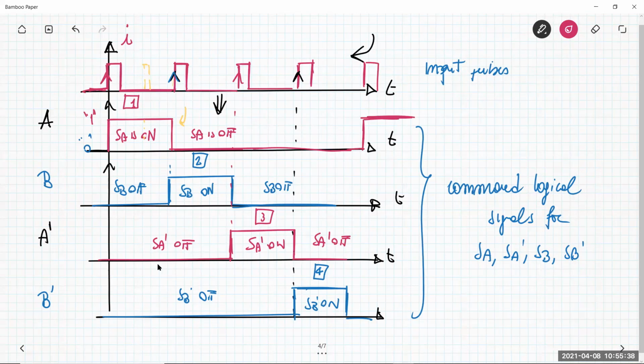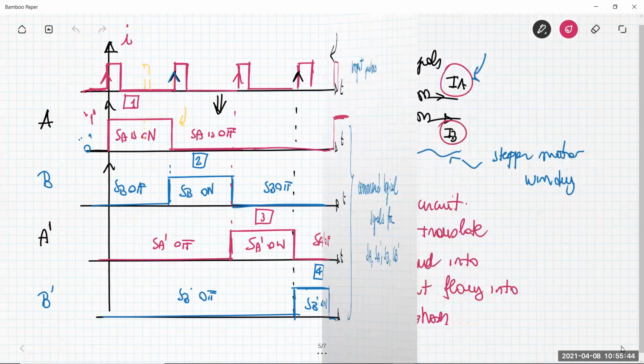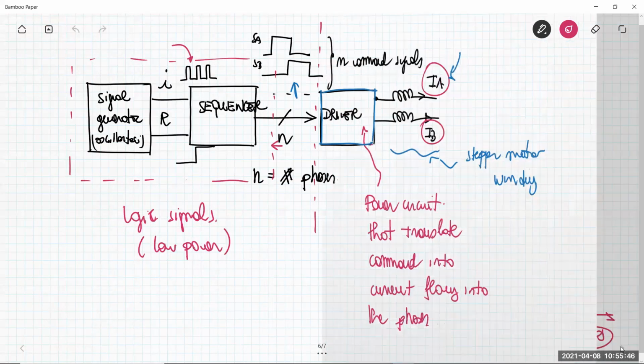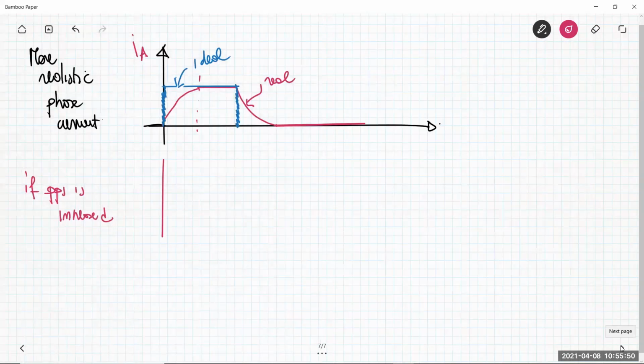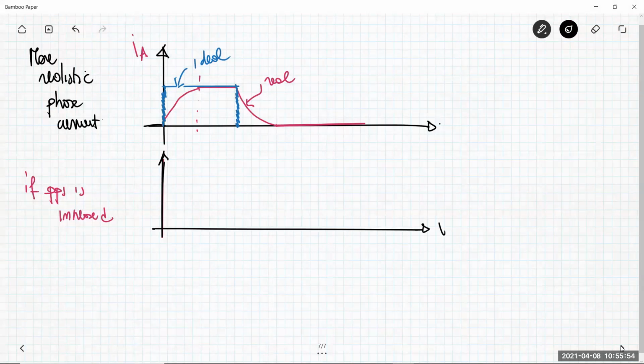But if you increase the frequency, it happens at a certain point that these two pulses for the phase A are very close to each other. So it can happen that you have a situation like this one.